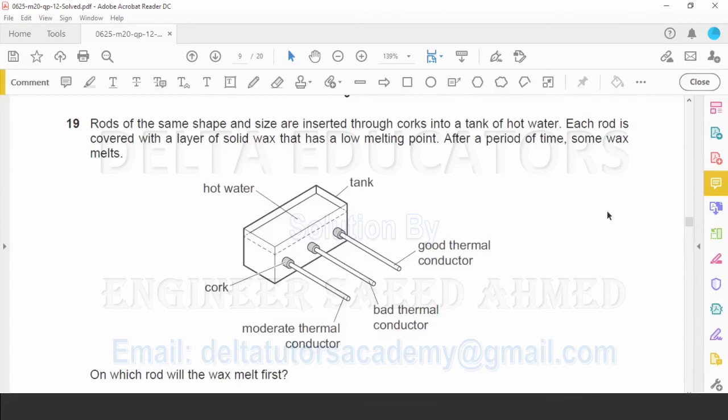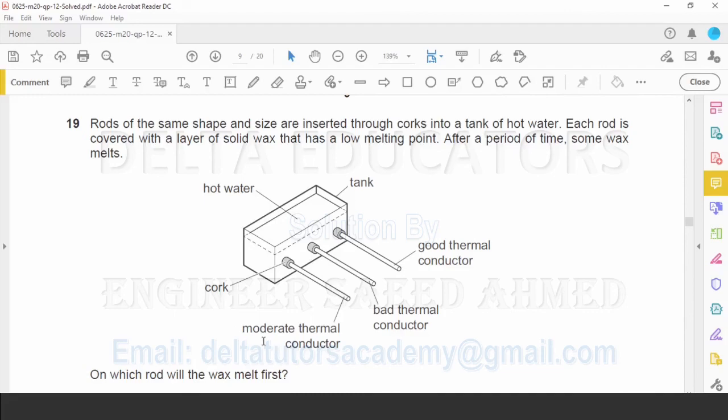Question number 19. Rods of the same shape and size are inserted through cogs into a tank of hot water. Each rod is covered with a layer of solid wax that has a low melting point. After a period of time, some wax melts. On which rod will the wax melt first?